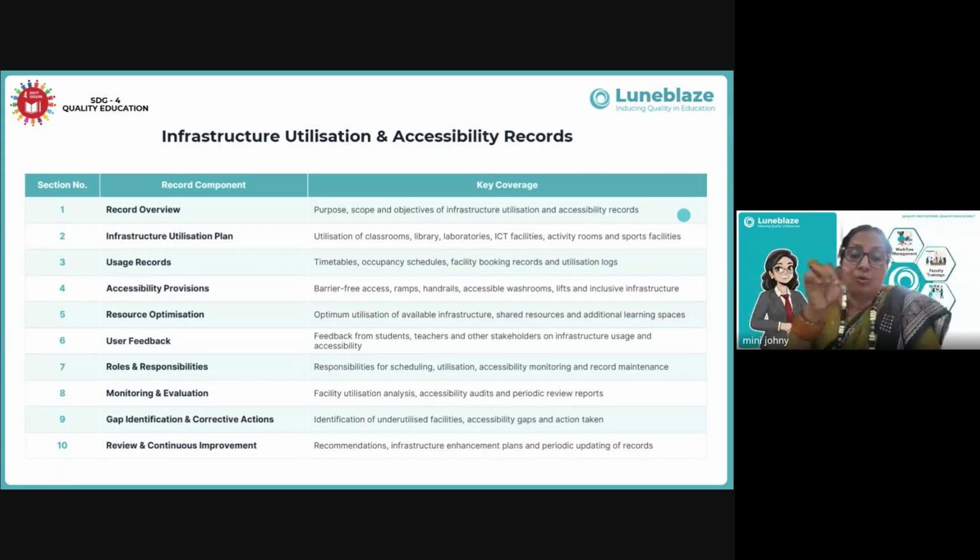Of the 100, 40% is for the first domain, that is curriculum, assessment, and pedagogy. But here you can see 10% is for infrastructure. Why has CBSE given 10%? All the schools have their own unique problems, and they may not have such world-class facilities, but they will also have furniture.